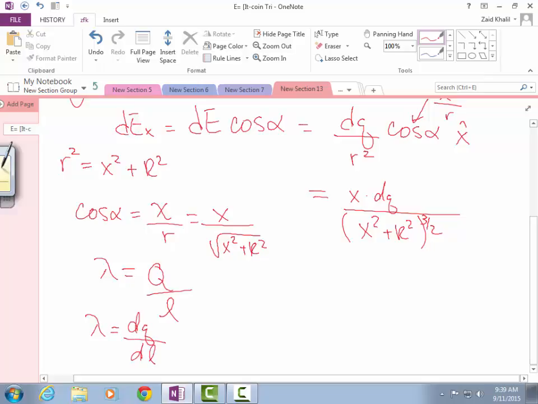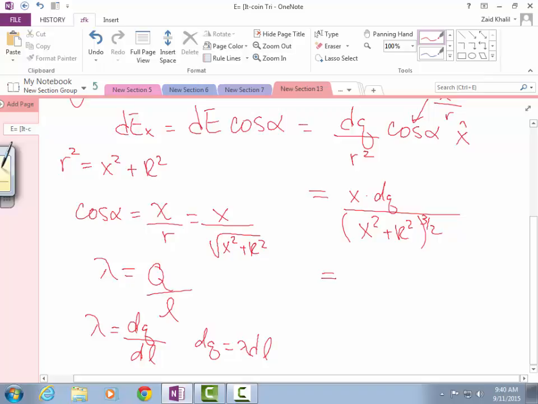And why am I using dl? Because what is the length over which charge is being summed? The arc length, or the circumference. So if this thing has uniform charge density lambda, then we replace dq with lambda dl.